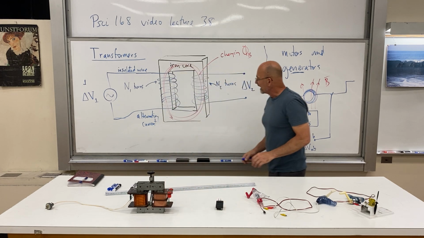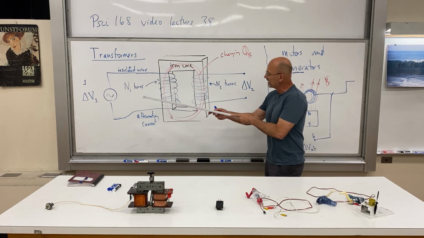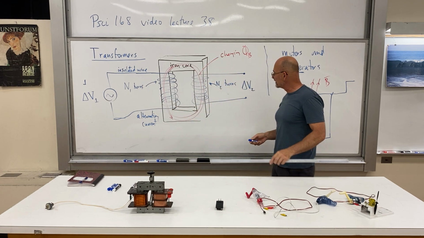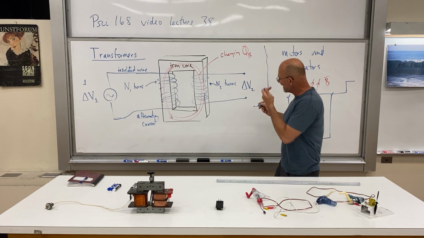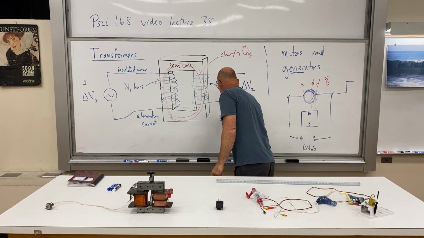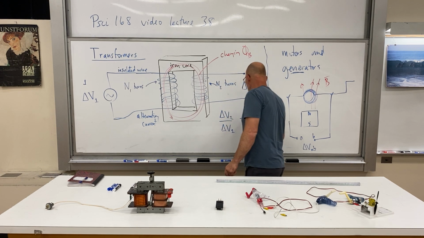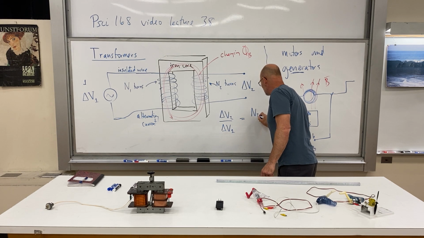Now, what's the relation between the voltages and the turns? It's very simple. We have delta V2 divided by delta V1 is equal to N2 divided by N1.